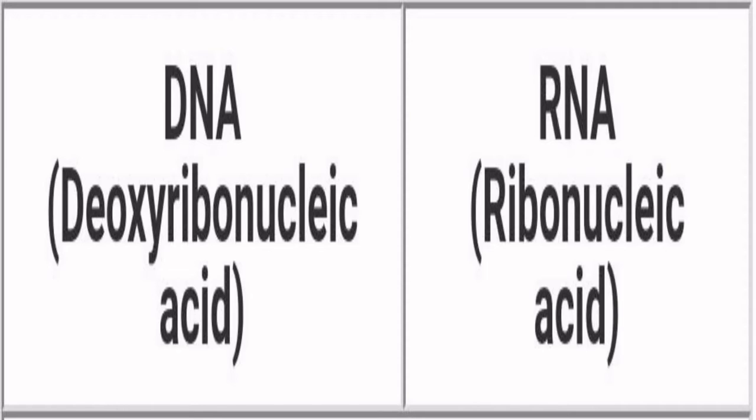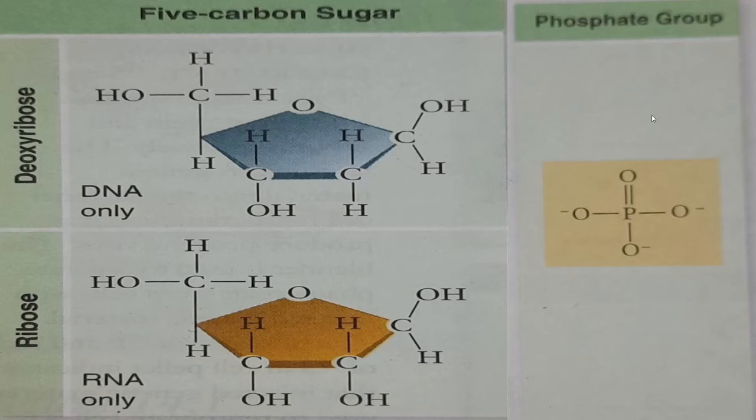The third component of a nucleotide is the anion of phosphoric acid. So we can say that nucleotides are phosphate esters of nucleosides. Nucleosides are made up of base plus sugar, and then if we add the phosphoric acid ion, it becomes the nucleotide.